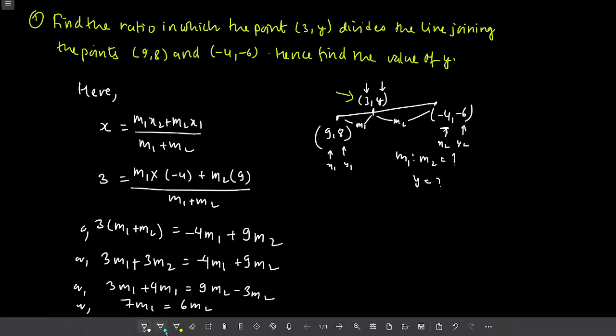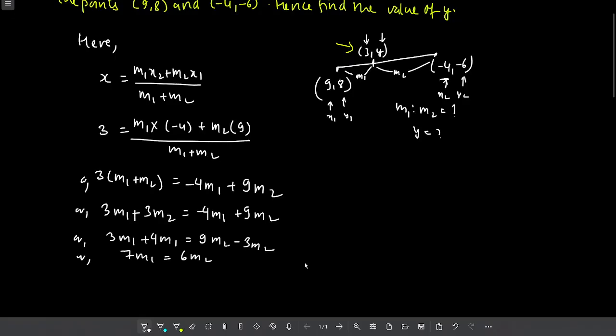Now we will get the value of m1 is to m2. We leave m1 on this side, and m2 should be shifted to the same side as m1, meaning m2 divides m1. Whenever m2 is brought to the left-hand side, it goes down as the denominator.